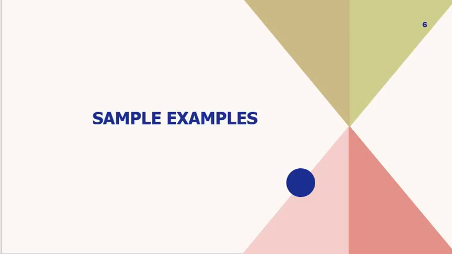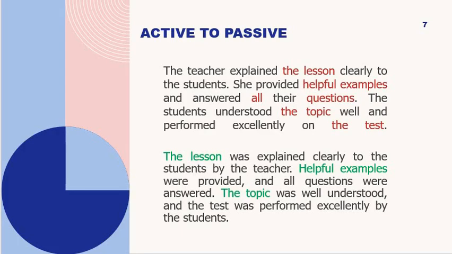Let's see some examples of active paragraph and passive paragraph. How do we change this one? Nothing new. You use your experience of changing active to passive in sentences for active and passive voice in paragraphs. You will bring every rule and regulation that we use in active construction.